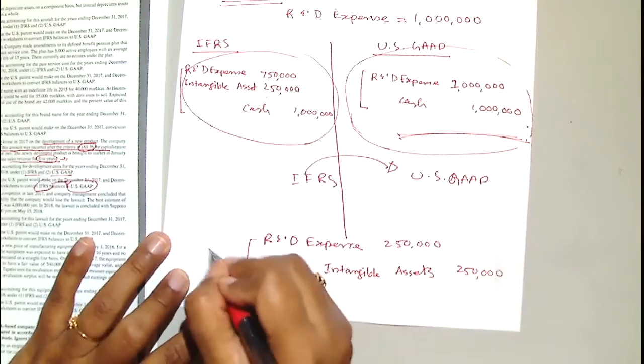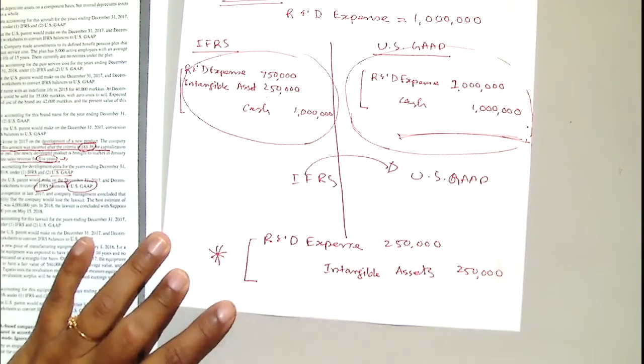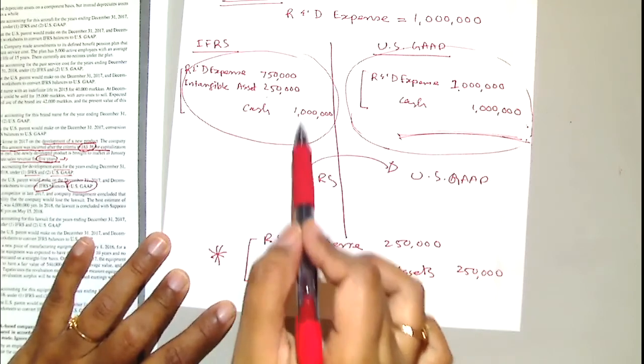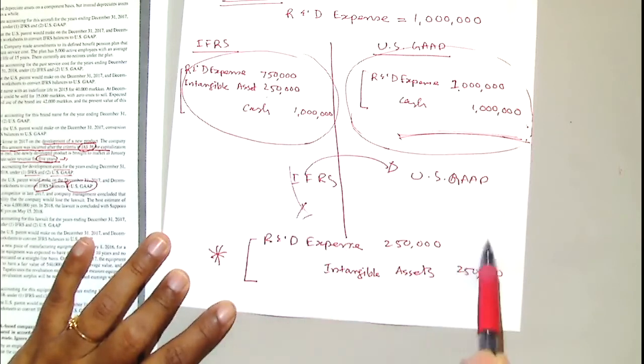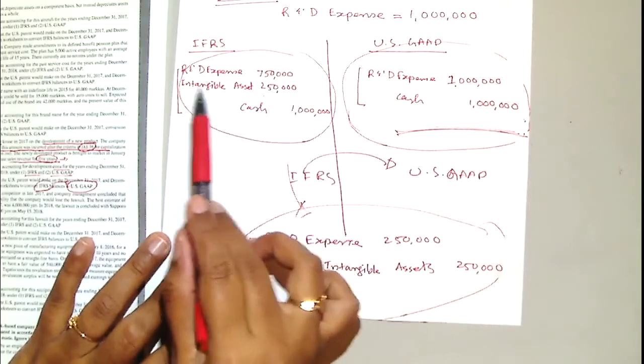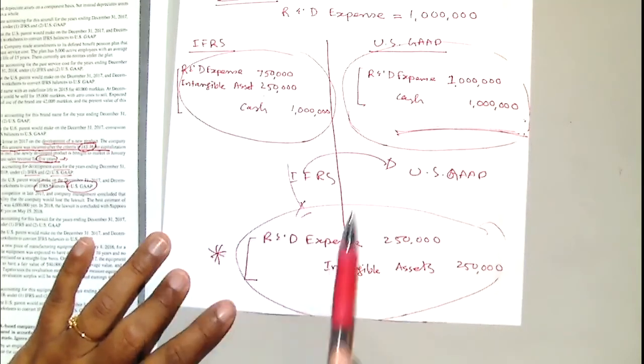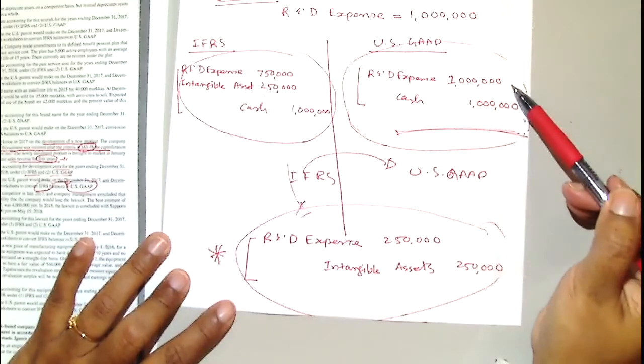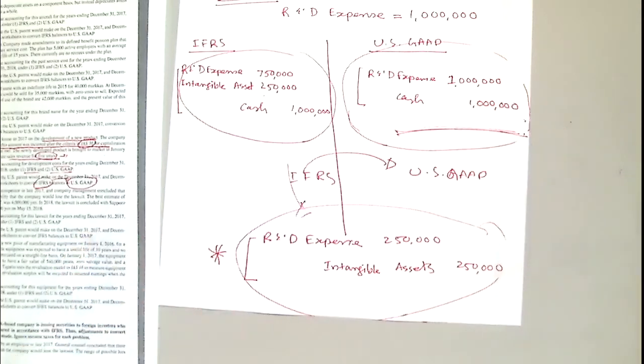And this is the main learning today, this conversion entry. Look, now if you adjust this and this journal entry, it will show this number. Assets are cancelled out. Debit, credit, R&D is increased. So your R&D will be $1 million. Cash is fine. We don't need to do anything with cash. Is it clear?